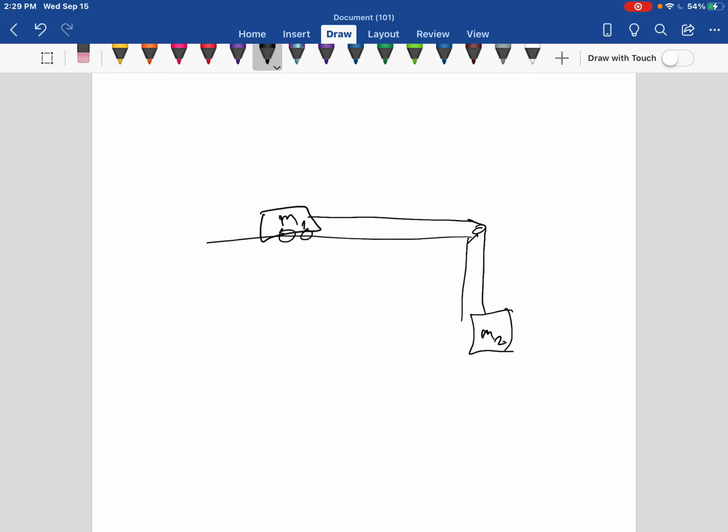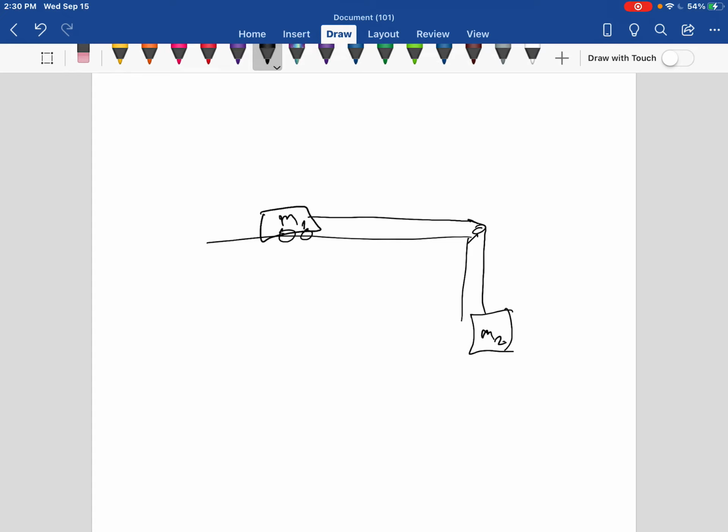I'm trying to look at the textbook to see if I can find some. Okay, so I will take this example. In the textbook, this is page number 159.